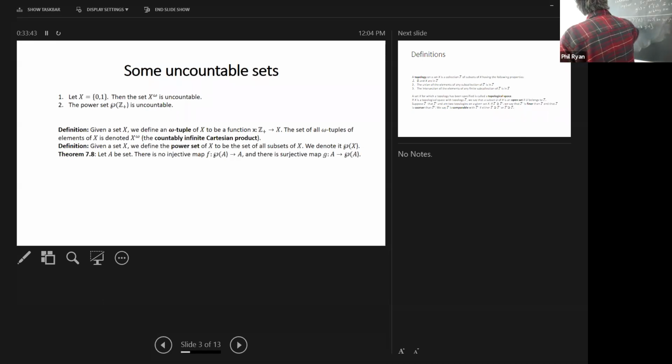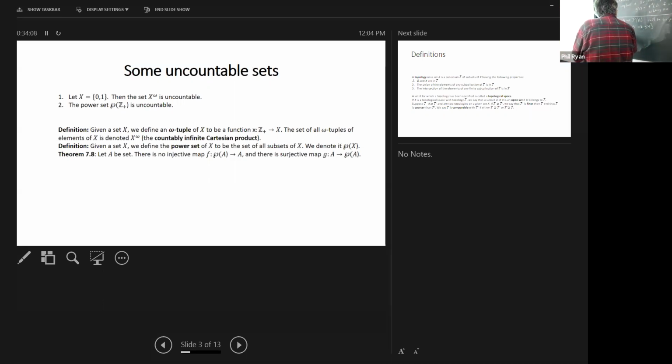We're given this function G, and we just look at those elements a such that a is not in its own image. Now this is a subset of A. So B is a subset of A.